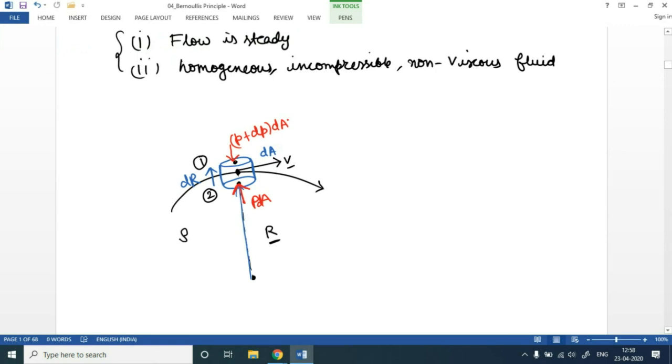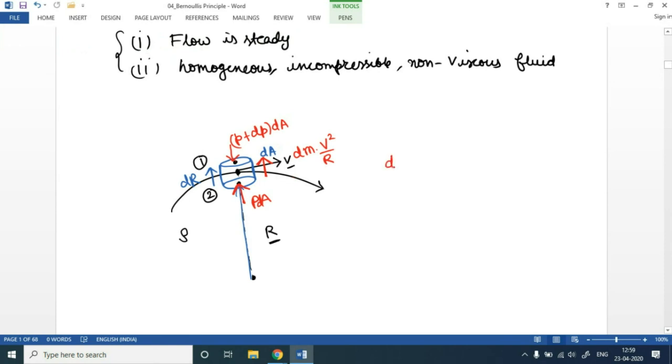Apart from that, since this is moving along a curved path, it is going to experience a centrifugal force away from the center, equal to dm times v square by r. Now let's balance all these forces.